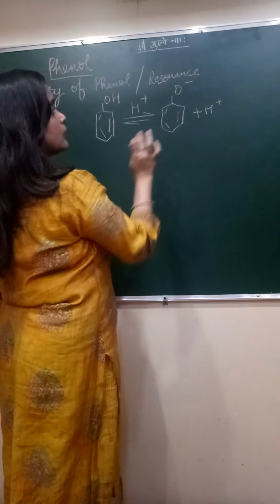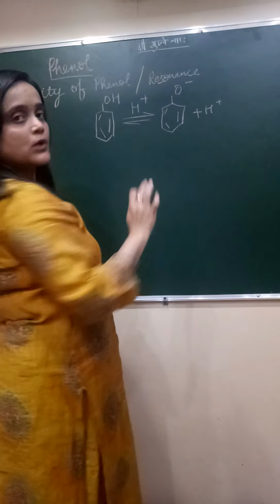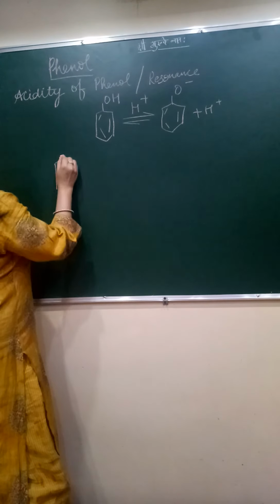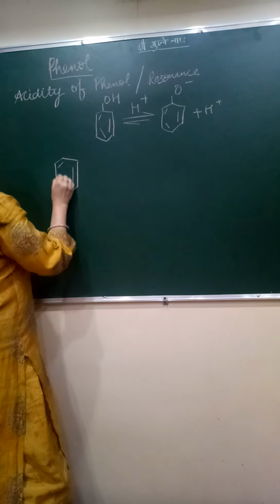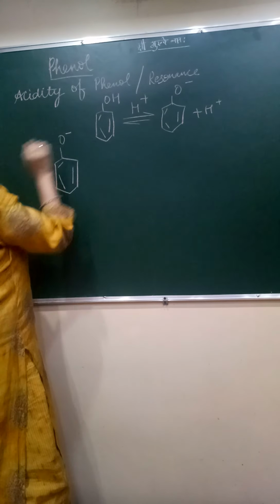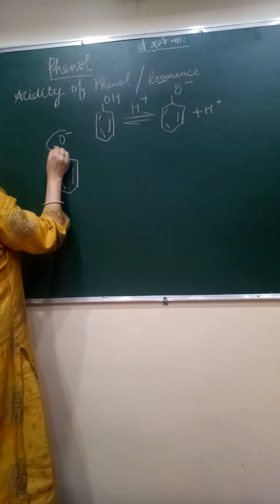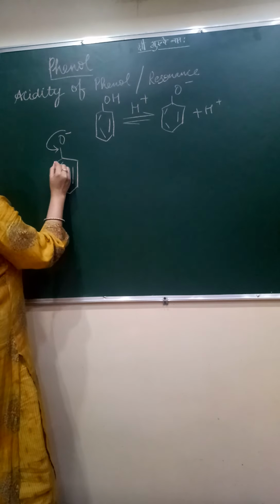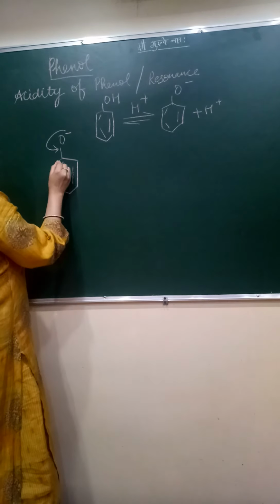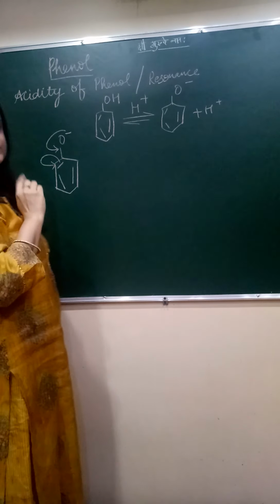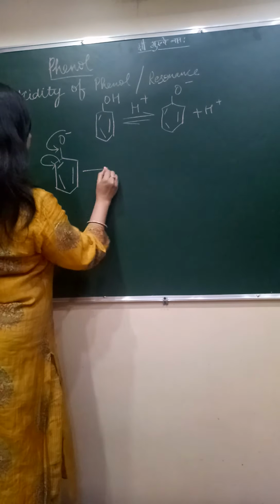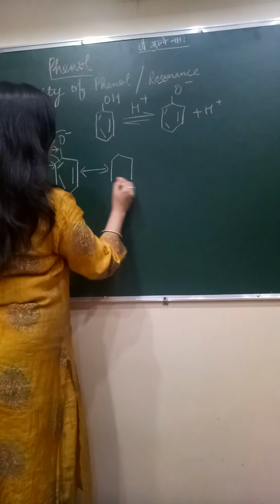Now, how this negative charge spreads throughout the ring: this is the phenoxide ion. When this negative charge comes here, this pair of electrons comes to the carbon to satisfy valency. Now a structure forms like this.